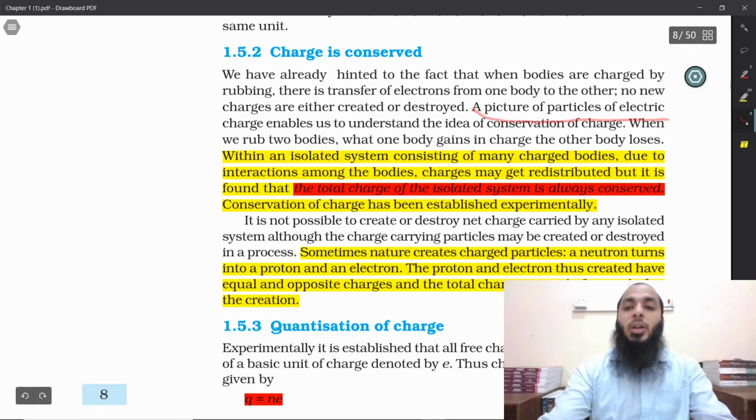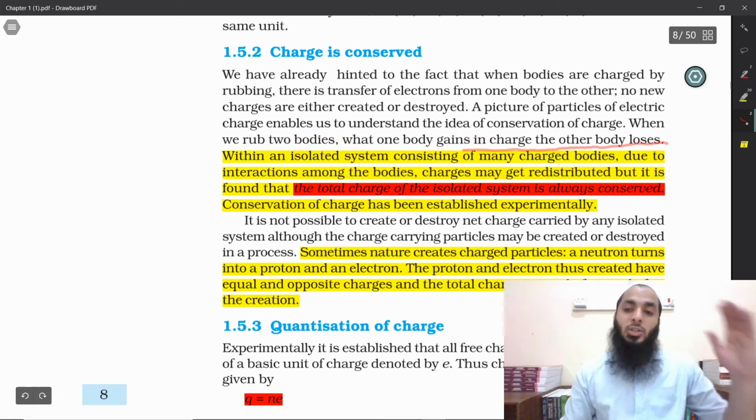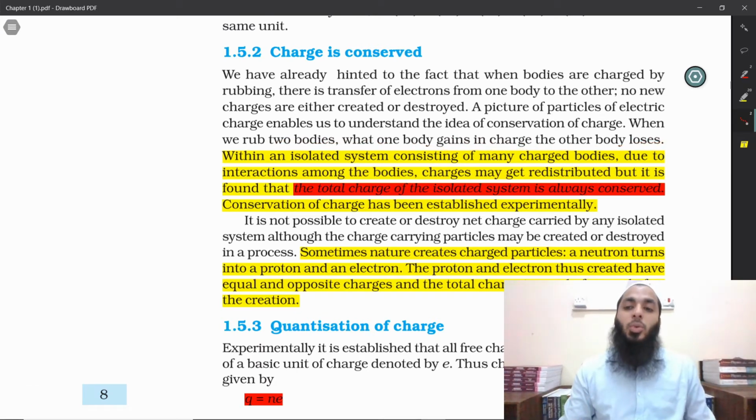A picture of particles of electric charge enables us to understand the idea of conservation of charge. When we rub two bodies, what one body gains in charge, the other body loses. If one body gets positive 2 charge, then the other body loses 2 charge. That means it becomes negative 2 charge.